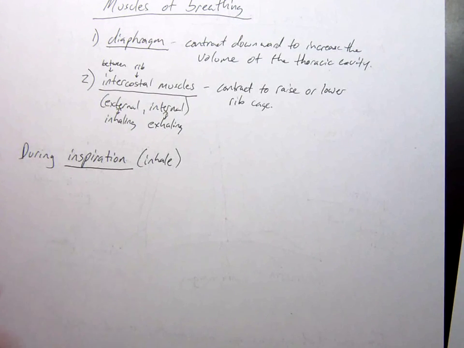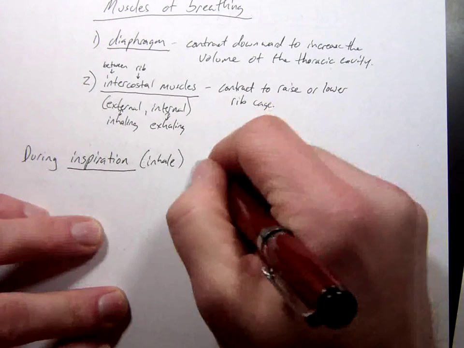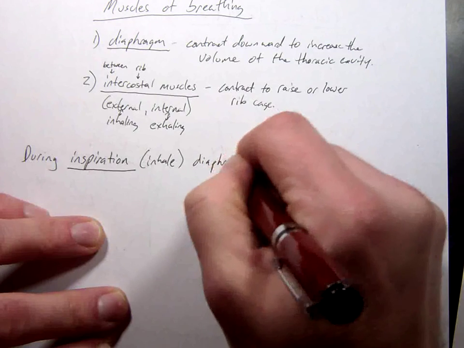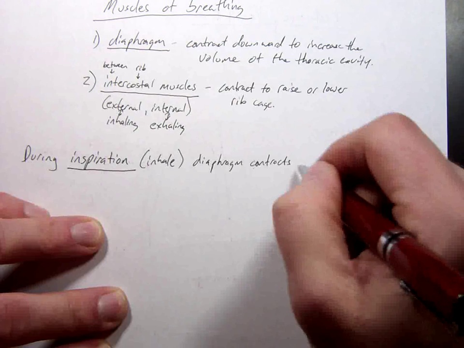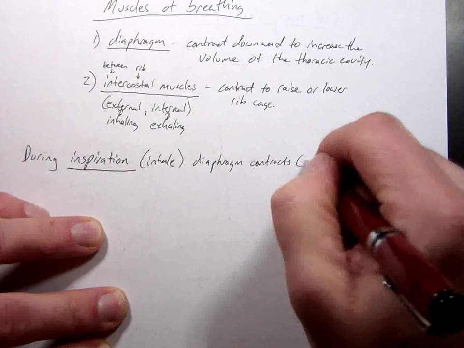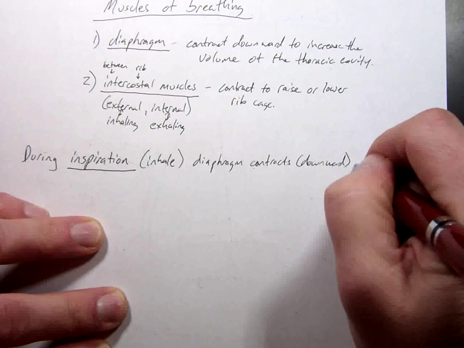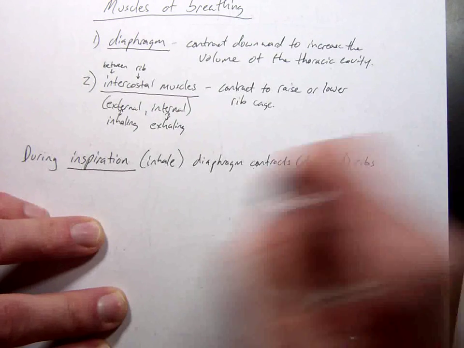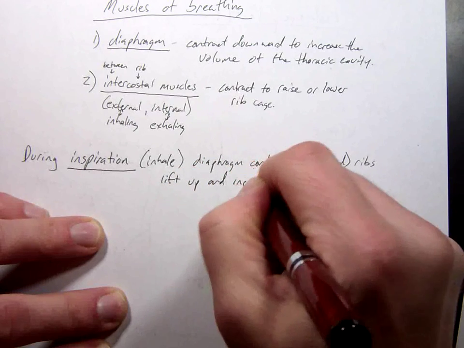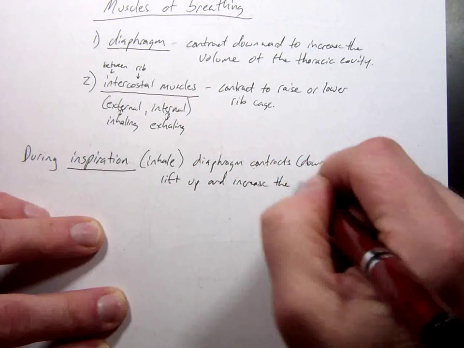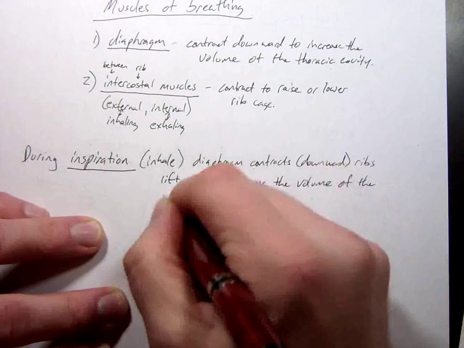All right. Anyway, to inhale, okay, the diaphragm contracts downward. Ribs lift up and increase the volume of the thoracic cavity.